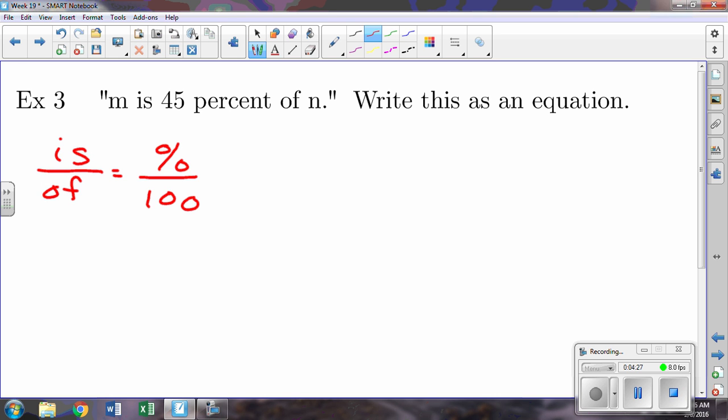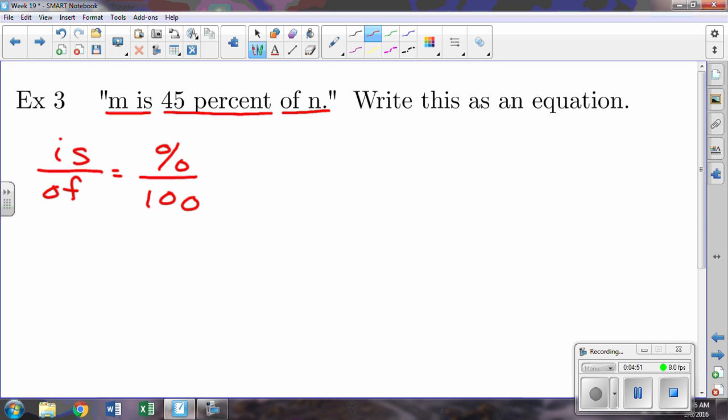And they're using these just to provide you with clue words or keywords to help you identify where things fit into the percent proportion. When reading it, we can see m is 45% of n.